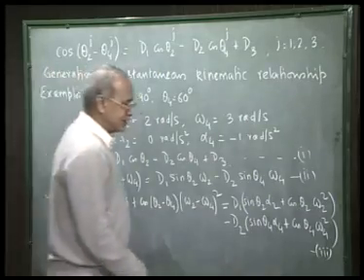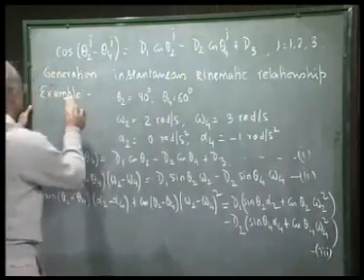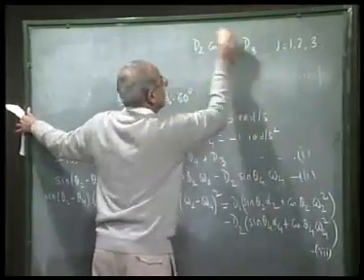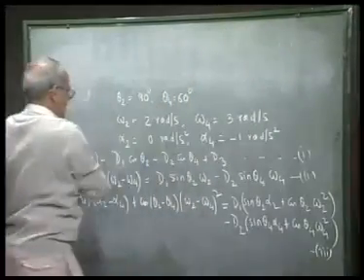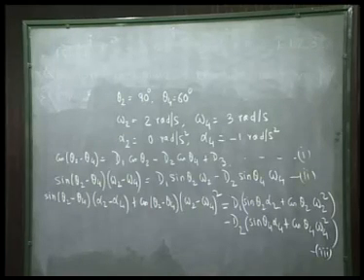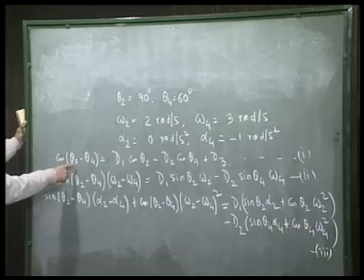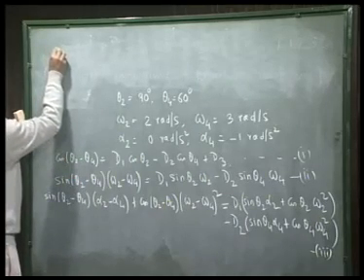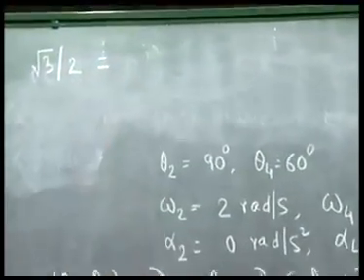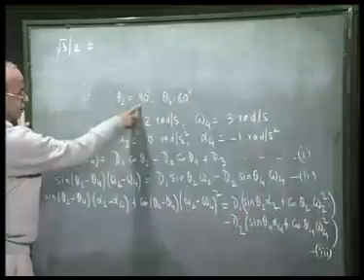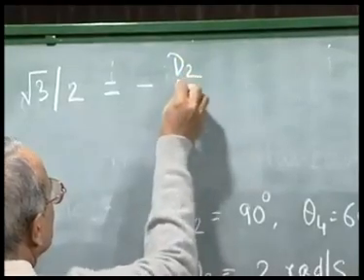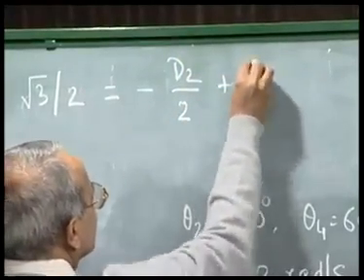If I substitute in the first equation theta 2 equal to 90 degrees and theta 4 equal to 60 degrees, we get cosine of 90 minus 60, that is cos 30 degrees, that is root 3 by 2, equal to d1 times cos theta 2, which is 0, minus d2 times cos 60 degrees, which is half, so minus d2 by 2, plus d3.